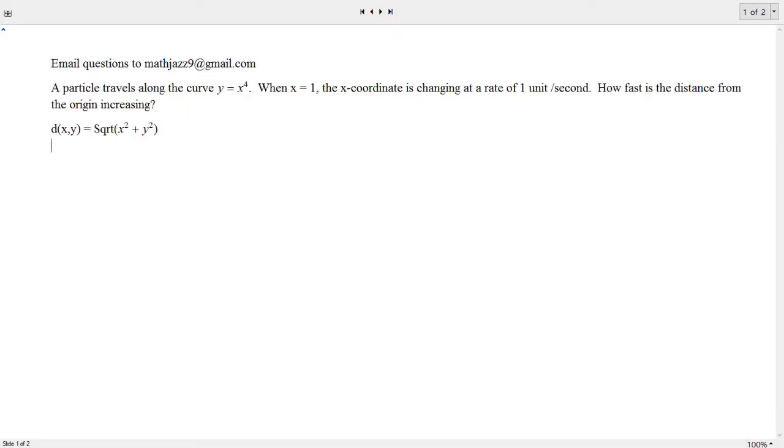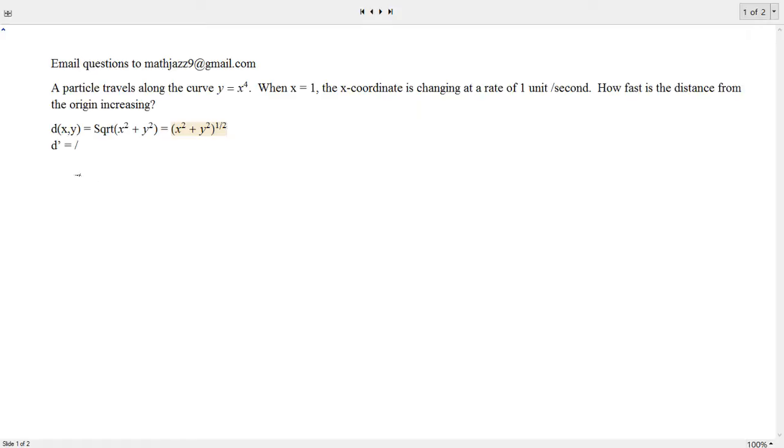So we have that the derivative of distance is equal to, we'll rewrite this as x squared plus y squared raised to the 1/2 power.